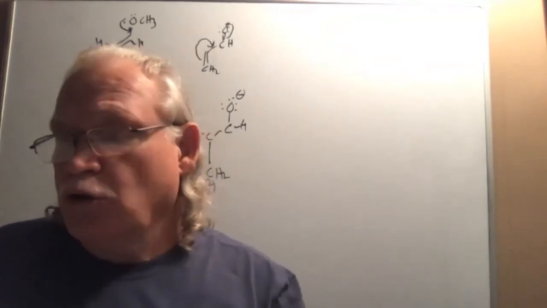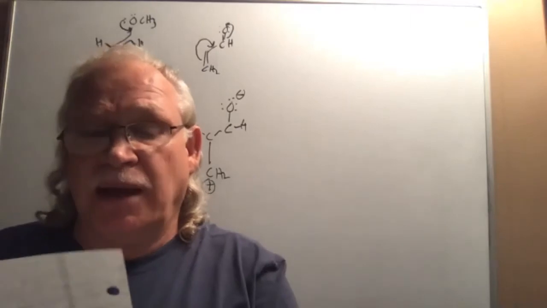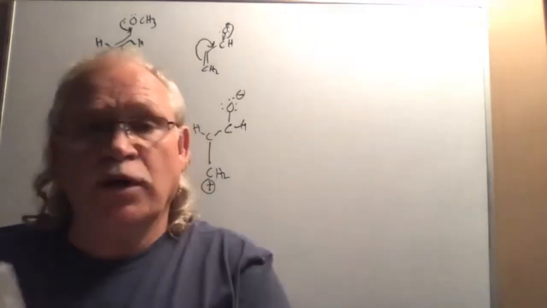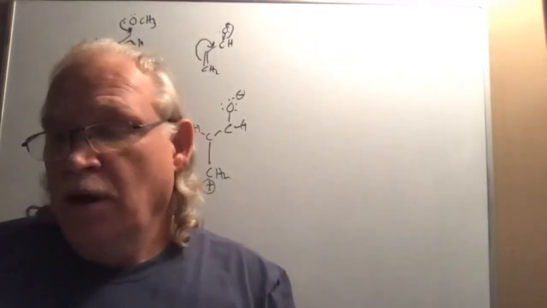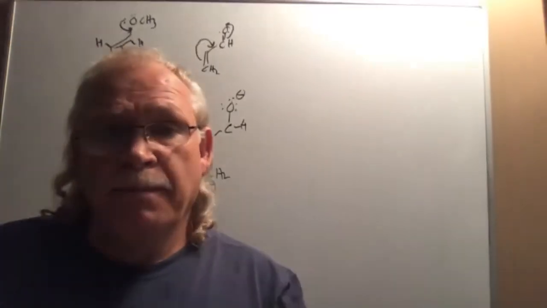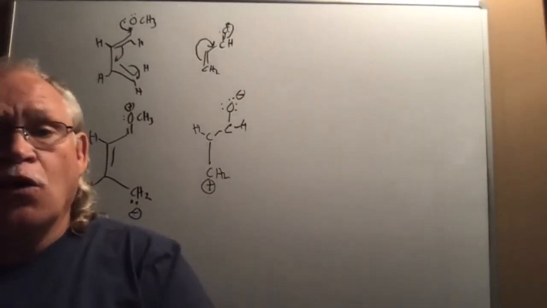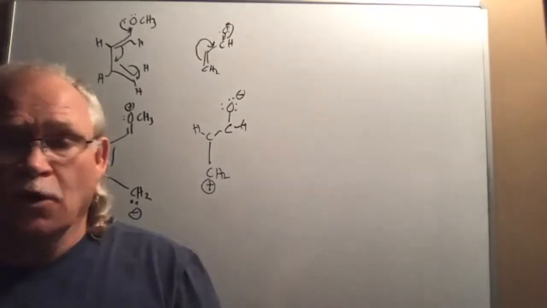Now, all we're going to do for the next 10 or 15 minutes is I'm going to give you some more reactions. So before we go over to page 6, on the test, you're going to have the following reactions, okay?